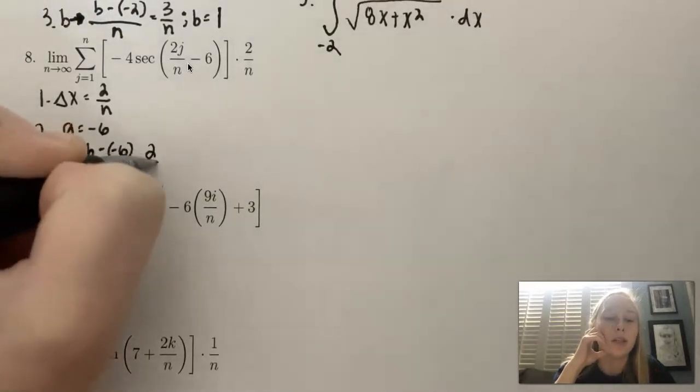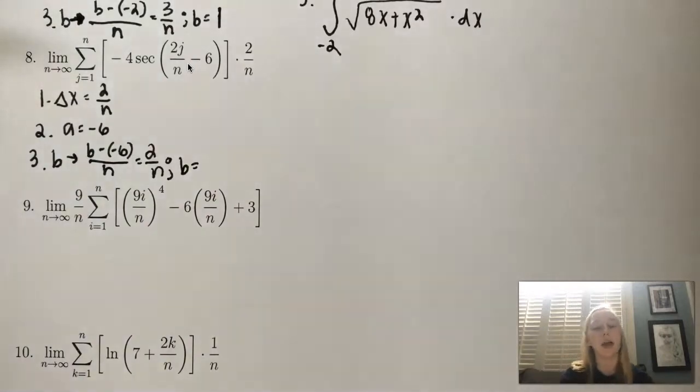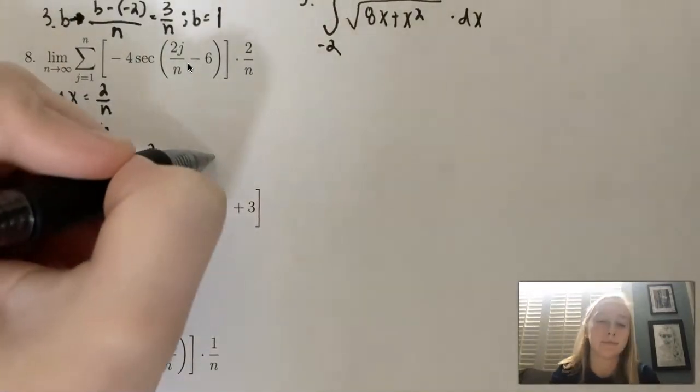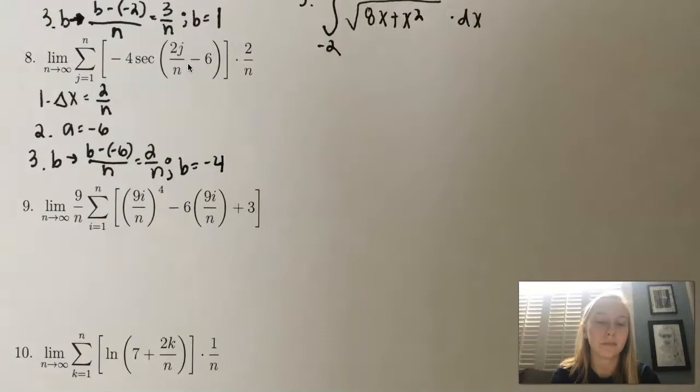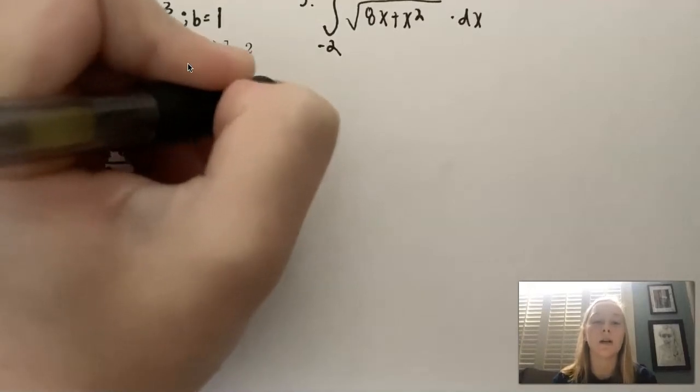So then we're going to get to b by using that delta x equals b minus a over n. And then we're going to try and identify xi and then what exactly equation it was plugged into.